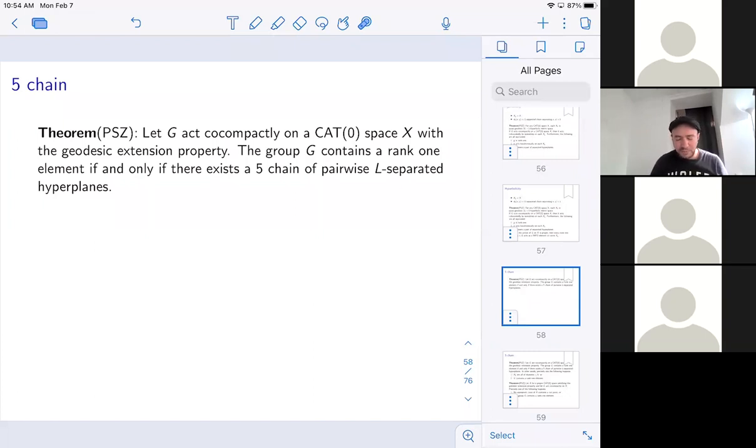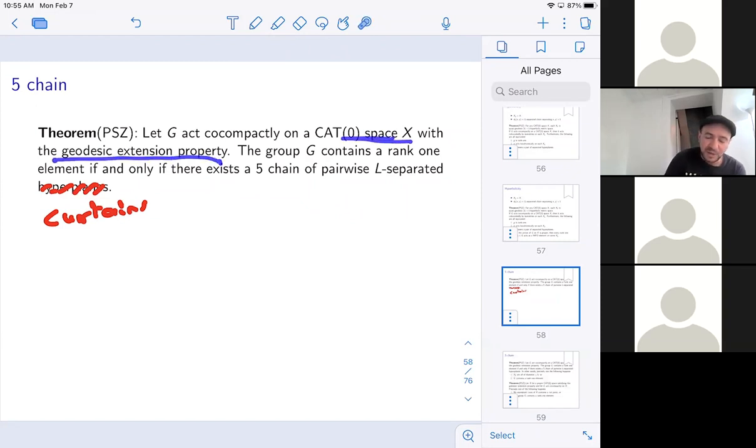And this theorem provides you something similar. I keep calling them hyperplanes, but we decided to call them curtains. So if you have a co-compact action on a CAT(0) space which has the geodesic extension property, then the group G contains a rank 1 element if and only if there exist five pairwise L-separated curtains.